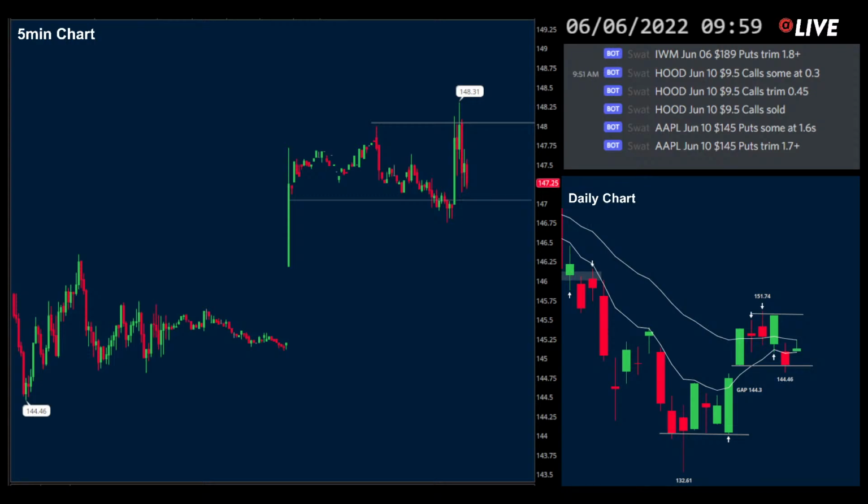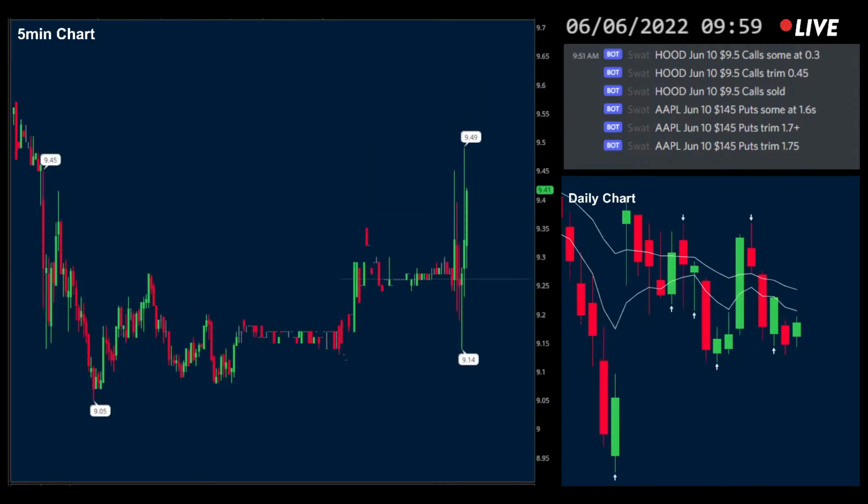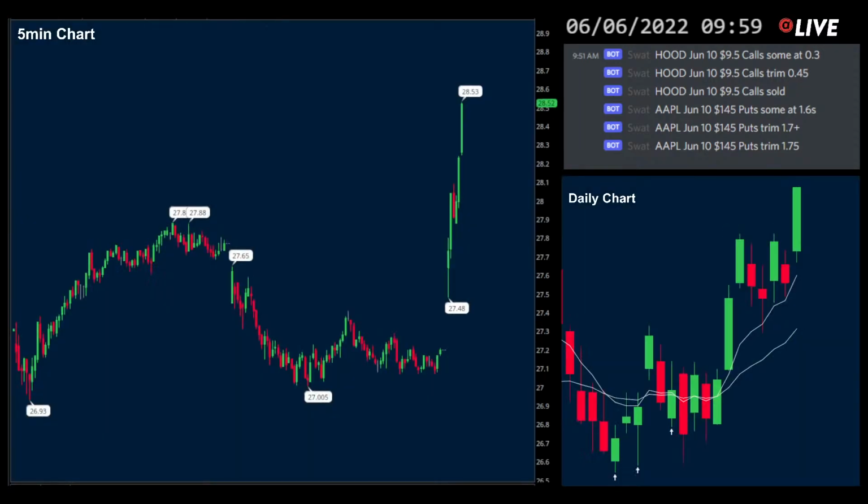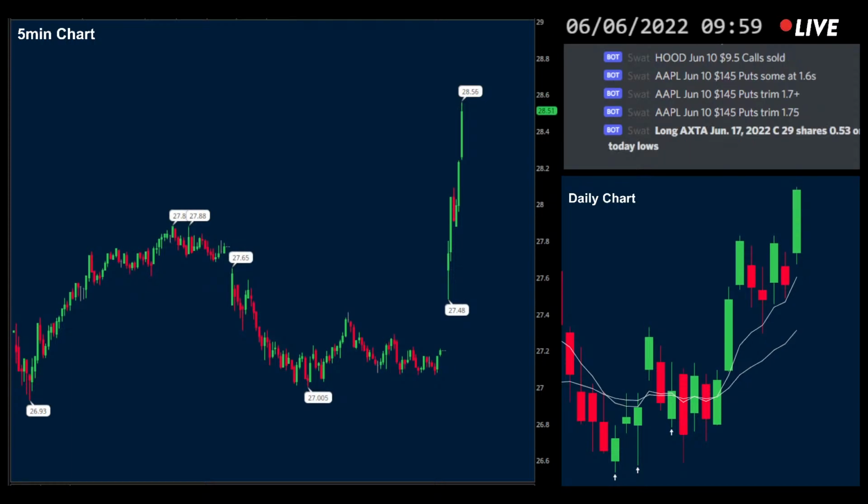Apple fading. I trim some on Apple. Wood going again. AXTA.